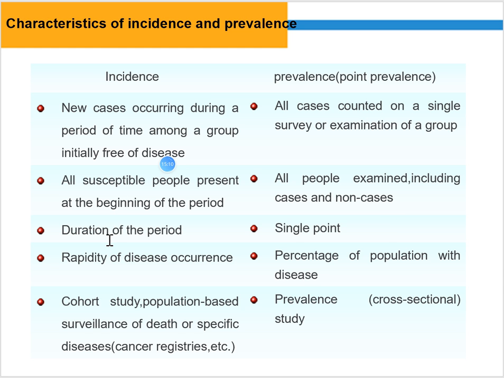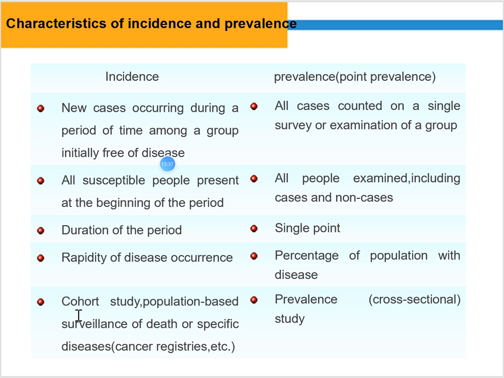Incidence usually covers the duration of a period. Prevalence is usually a single point. Incidence means rapidity of disease occurrence. Prevalence means percentage of population with disease.